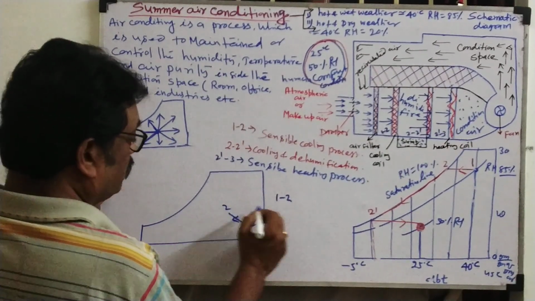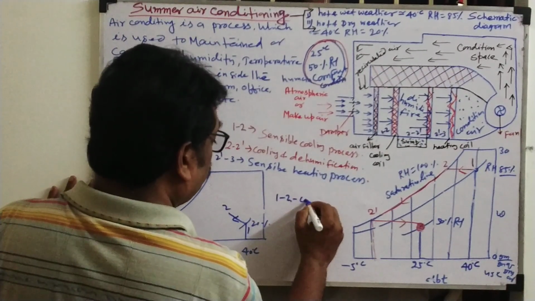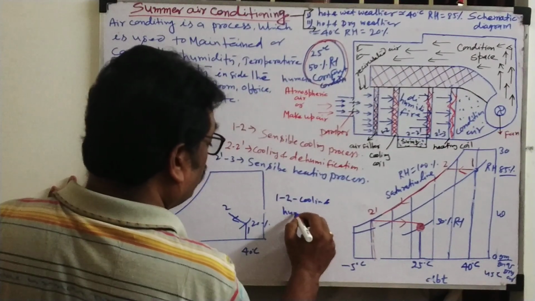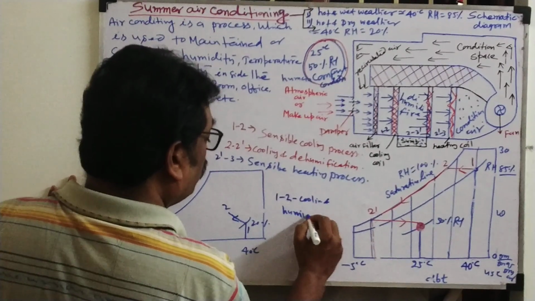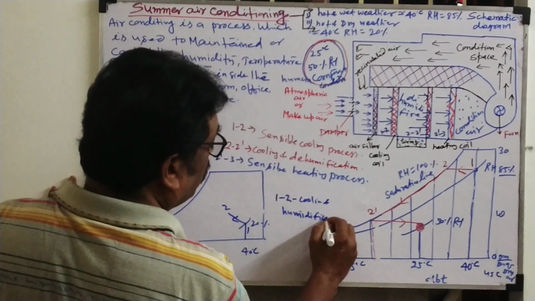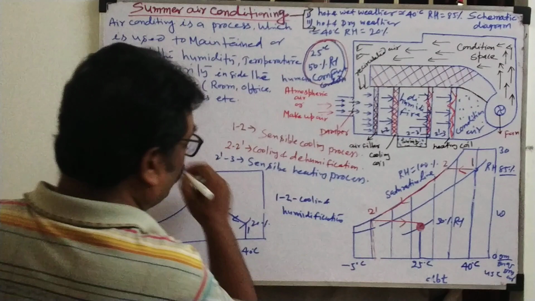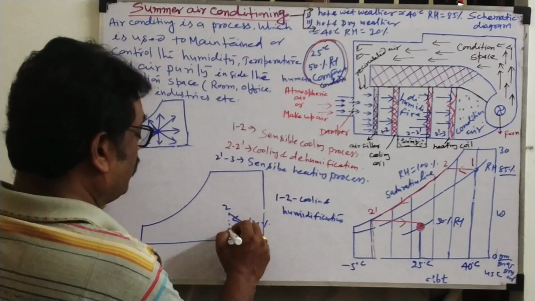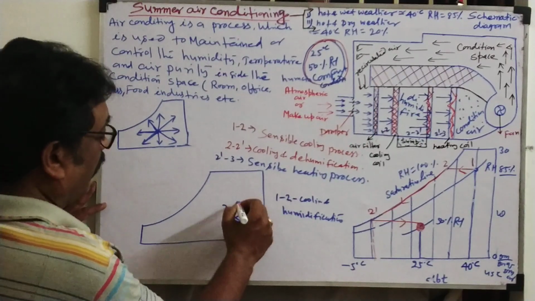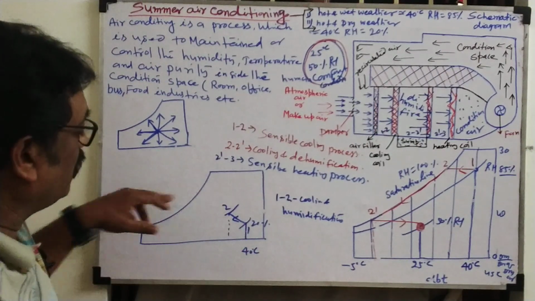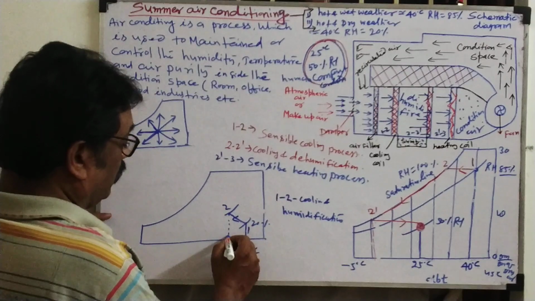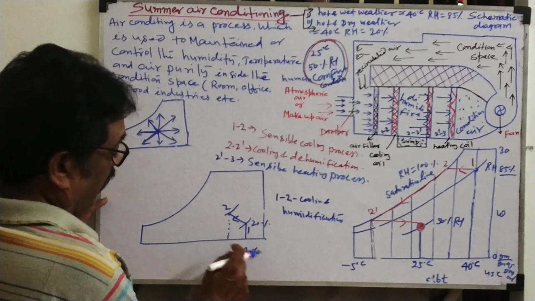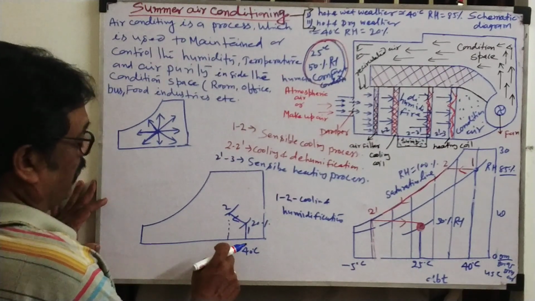The 1 to 2 process is cooling and humidification, also known as adiabatic humidification. So what is happening here? The temperature will reduce and some moisture will also be added, but that is not our comfort condition. The temperature is still high, around 35 approximately.